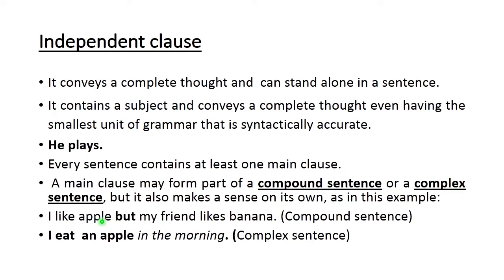This is an example of a compound sentence because it comprises two clauses. So I like apple is one clause and my friend likes banana is also one clause, and both are independent clauses because both are conveying a full sense or meaning.